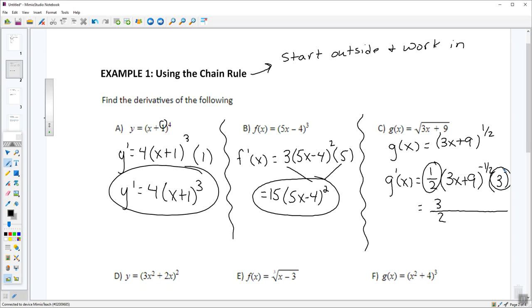Now if I move this 3x plus 9 to the bottom, that would be 3x plus 9 to what power? 1/2. But taking something to the 1/2, what symbol is that? Square root. So it'd be over 2 times the square root of 3x plus 9. Now again, there's no expansion to do there, but do I have to do that? I would strongly suggest against it. Once you've applied it, call it good right there.